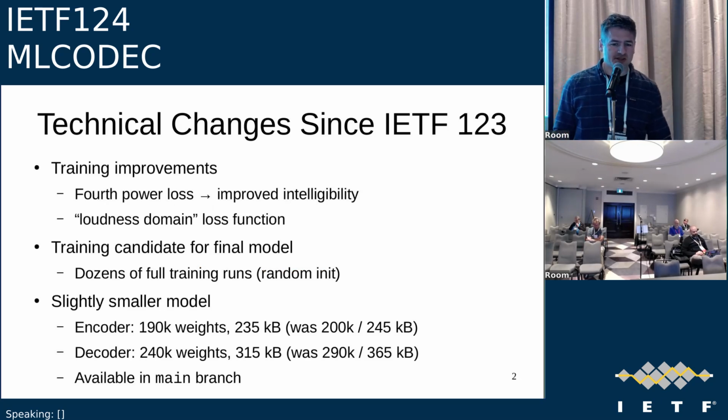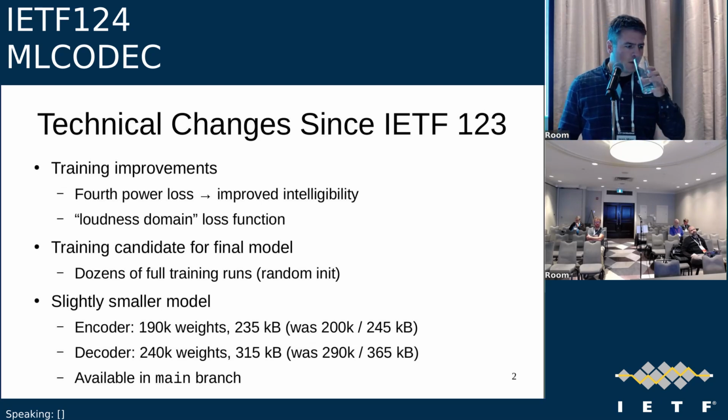So, technical changes since the last IETF. There have been some training improvements, mostly as a result of the testing that was done last time and shared, where some intelligibility issues were raised. So I tried to improve that with changes to the loss function during training. Mostly two things: adding a fourth power term to the loss.